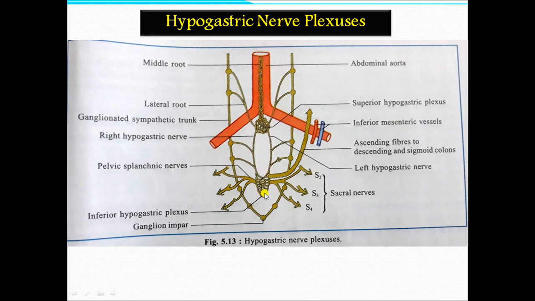This hypogastric plexus lies around the internal iliac artery and is subdivided again into different plexuses along the visceral branches of the internal iliac artery.